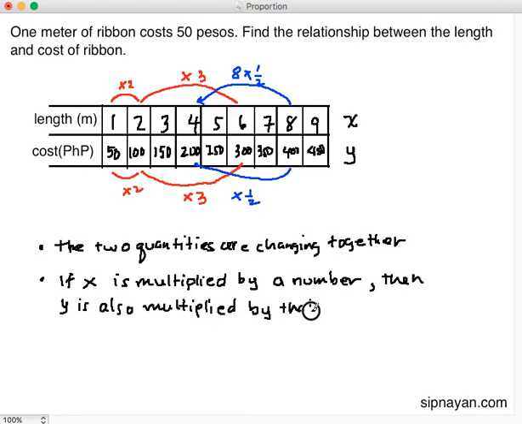Kung ano yung minultiply mo dun sa x, yun din yung minumultiply mo sa y.